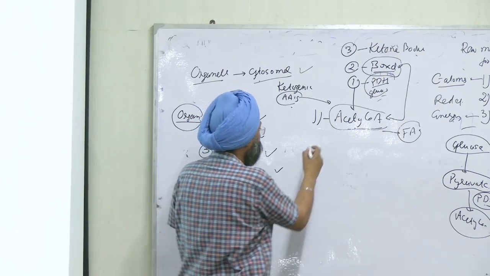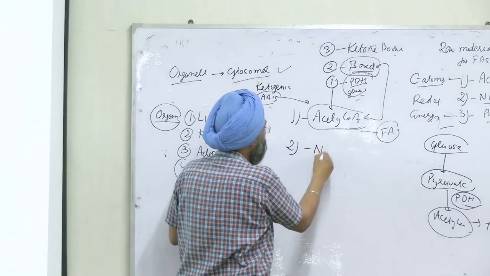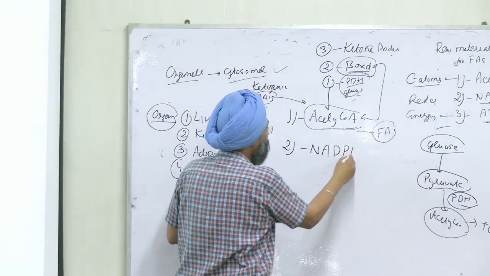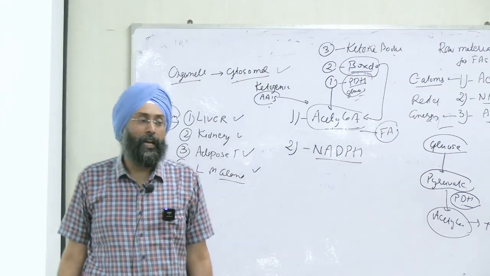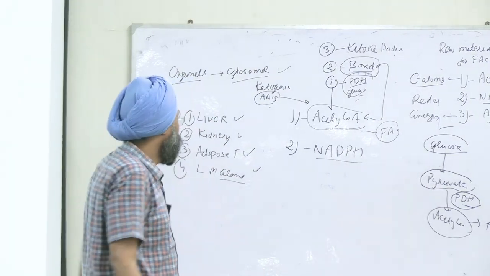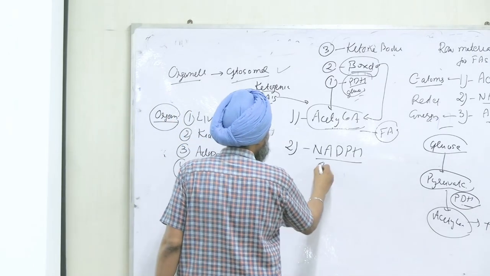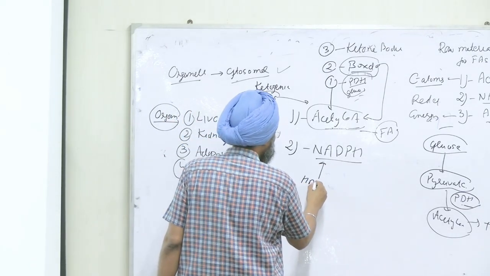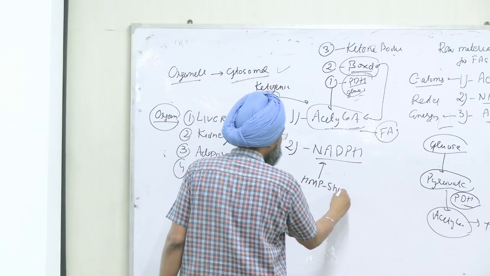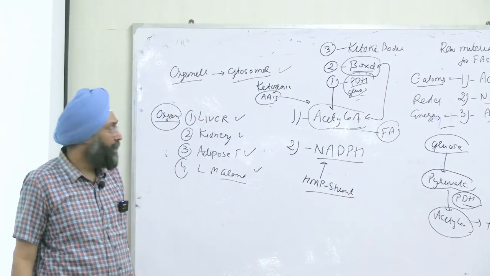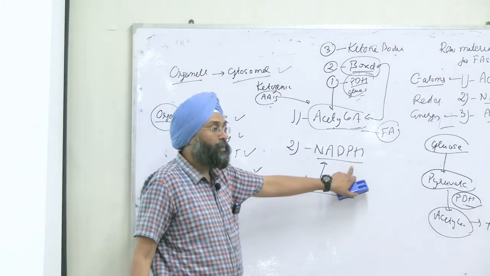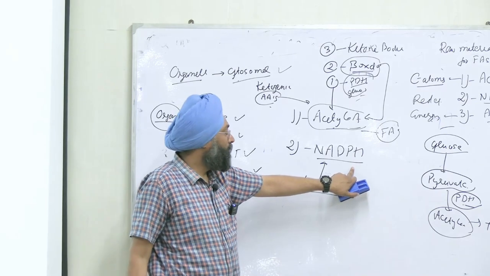Second source is NADPH. Tell me the source of NADPH from carbohydrate metabolism. First is HMP shunt. घर पे पापा रहेंगे. Hope you remember the mnemonic, right? HMP shunt is the only pathway that leads to synthesis of NADPH.